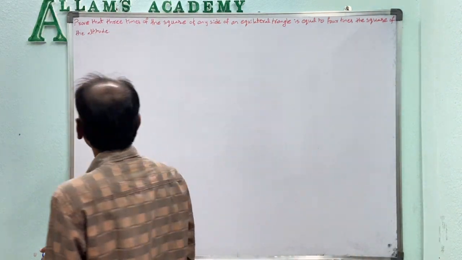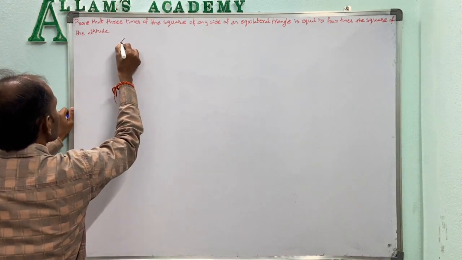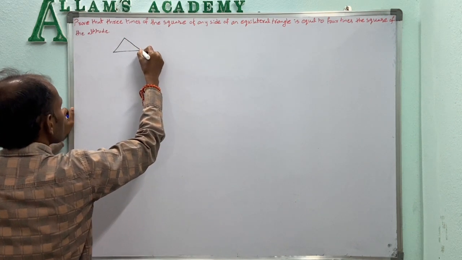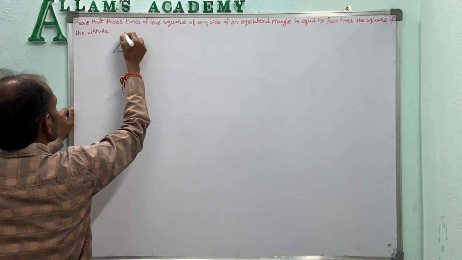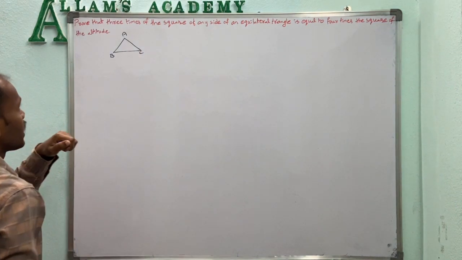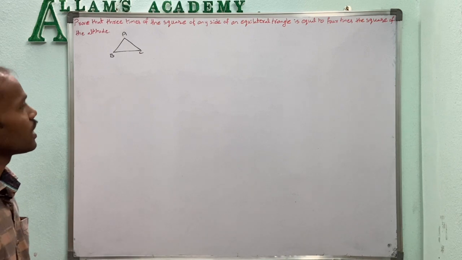Okay, so here we have to take an equilateral triangle. Equilateral triangle means all sides are equal. So I am taking an equilateral triangle ABC.